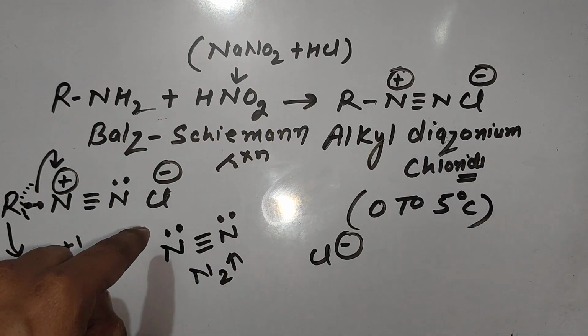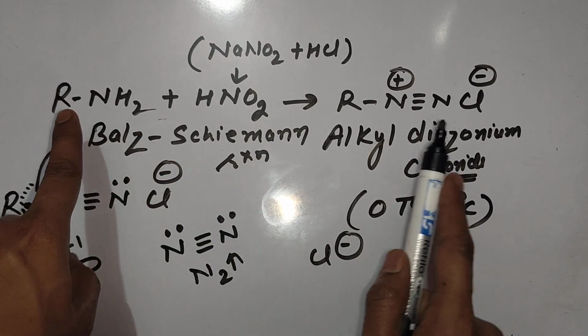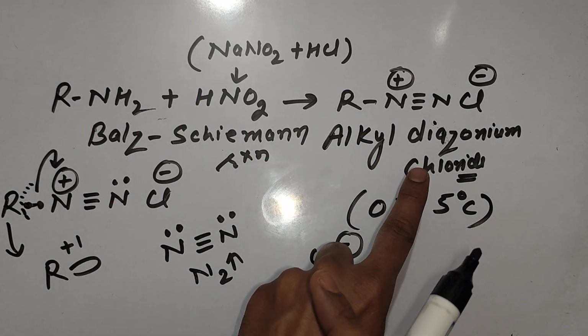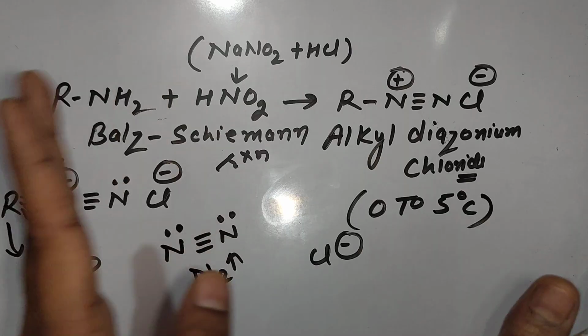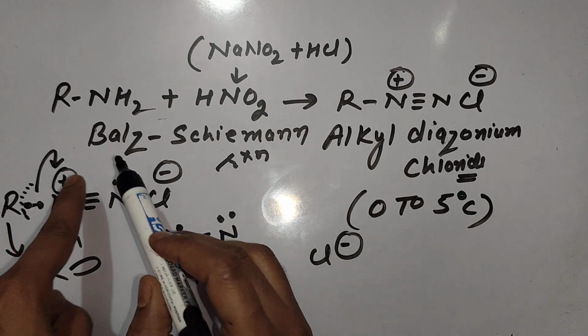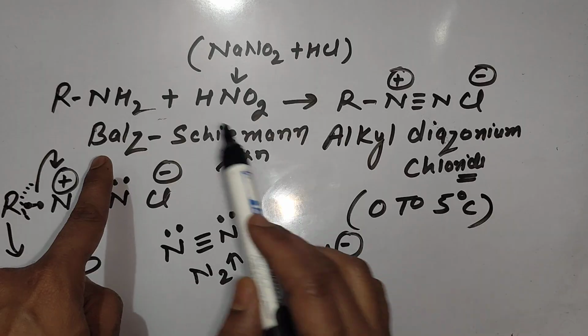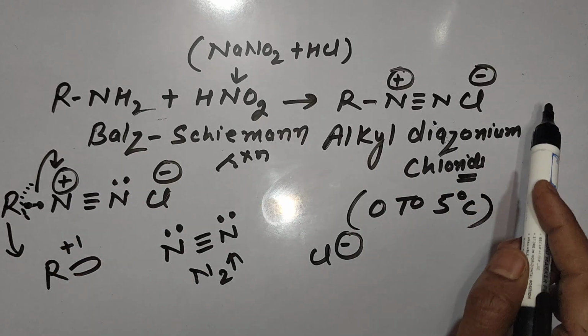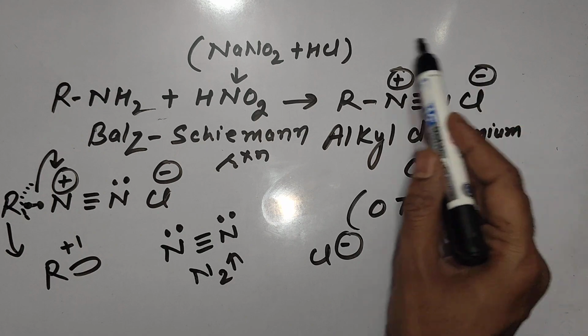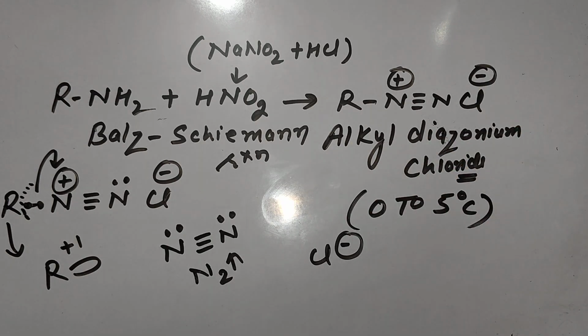So please check that video. I am not going to tell you the mechanism again. 1 degree amine and nitrous acid reaction to create alkyl diazonium chloride, this mechanism I will not tell. So from here to here, check the mechanism in the previous videos. Now from here, how alcohol will generate, that I will tell you.